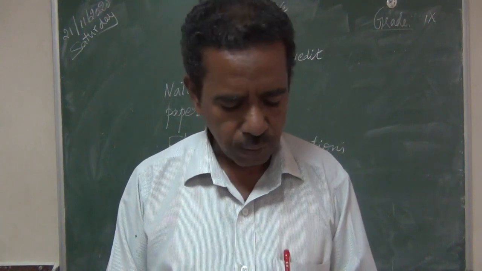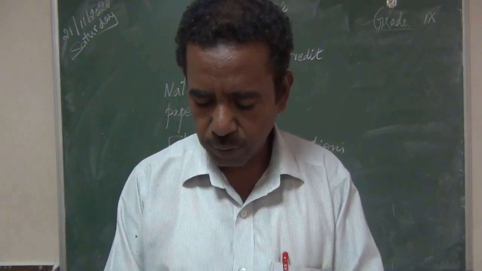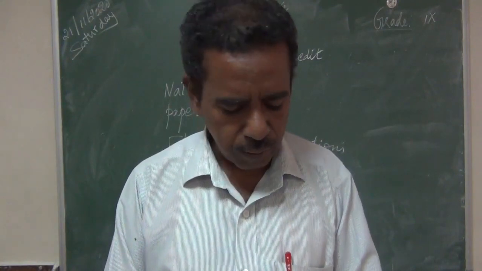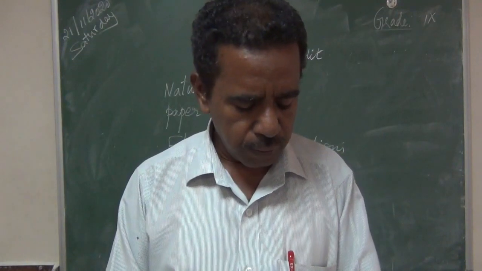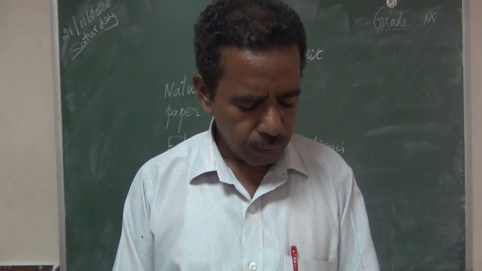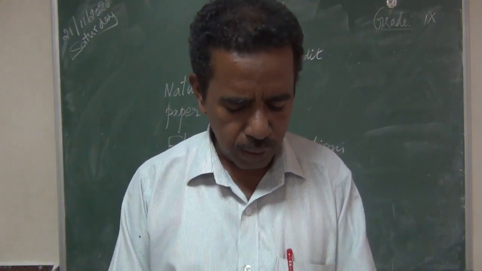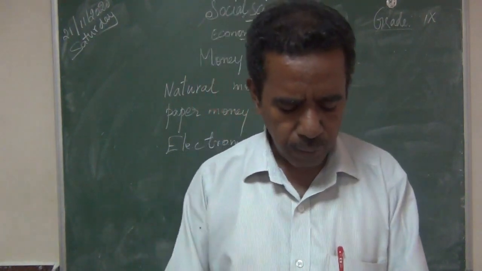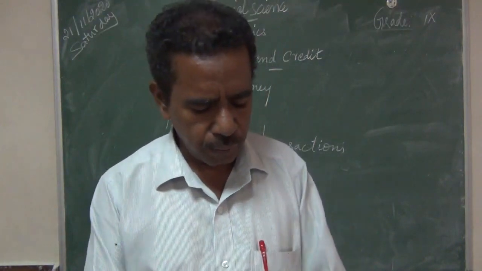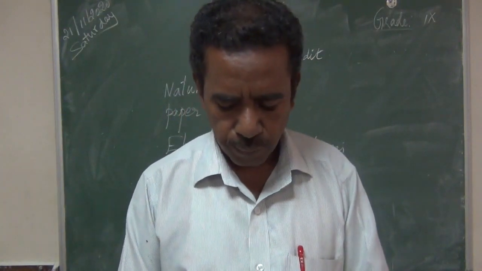Barter system. You can see the spelling in the book, B-A-R-T-E-R. Second one, money supply is divided into four types.